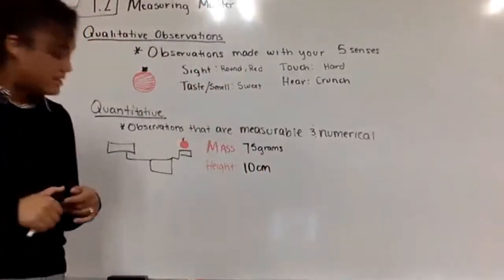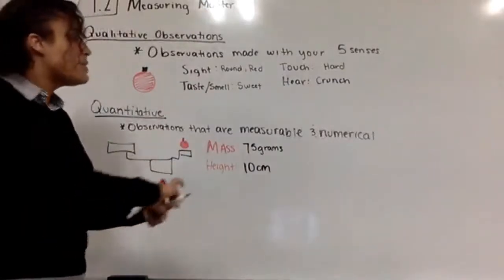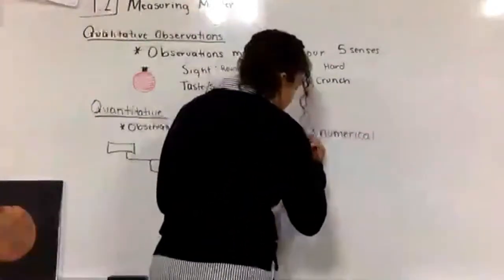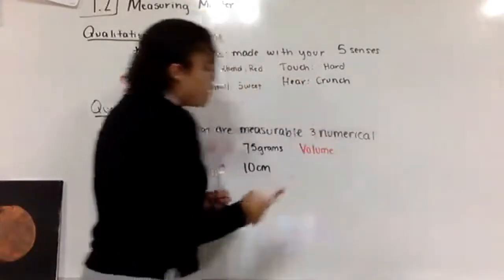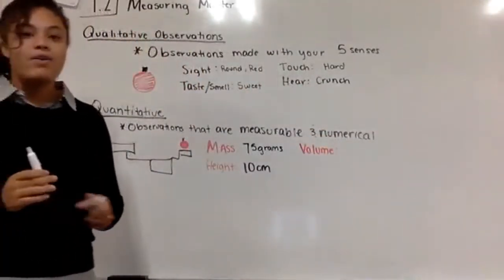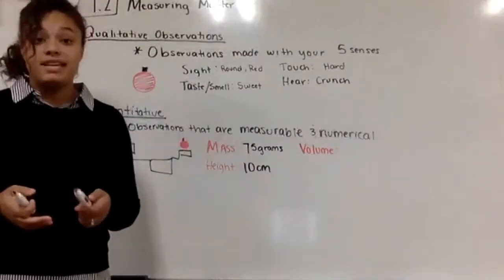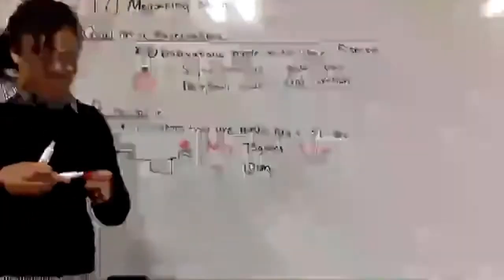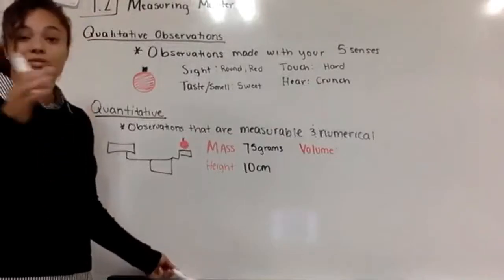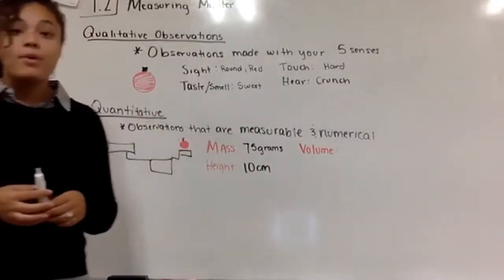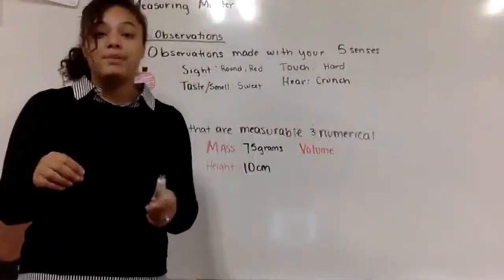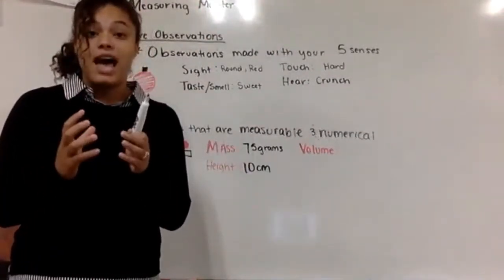Decent size. And finally, we have volume. And remember, volume is all about the amount of space something takes up. So when we're looking at volume, we're going to look at multiple dimensions. And in measuring the volume of this apple, we're going to use displacement because it's a round-sized object.